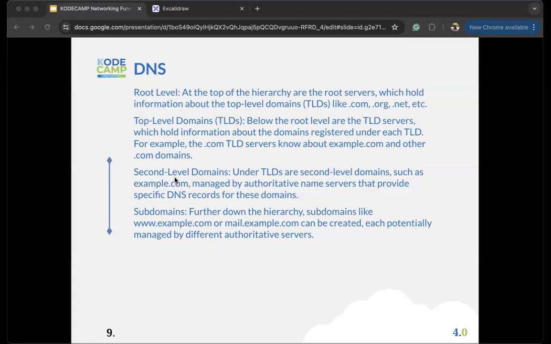And when it does that for KodeCamp, if there's a second level, it goes to that as well, and then down to the subdomain, which is your www, or your specific subdomain. That's the level of the hierarchy of your DNS.